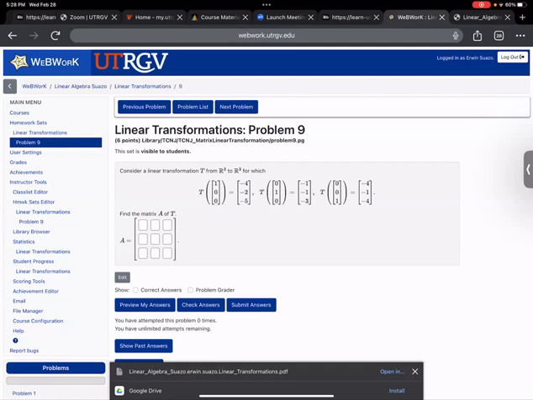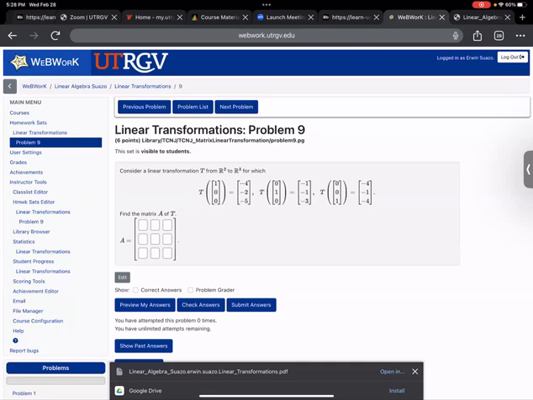And T of 0, 1, 0 is minus 1, minus 1, minus 3. And then T of 0, 0, 1 is minus 4, minus 1, minus 4.